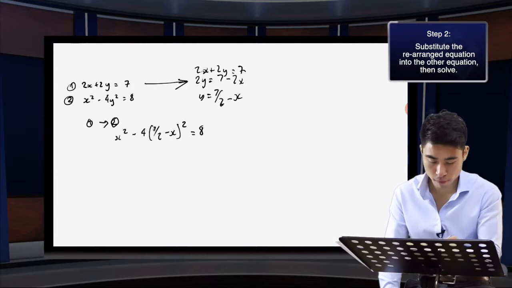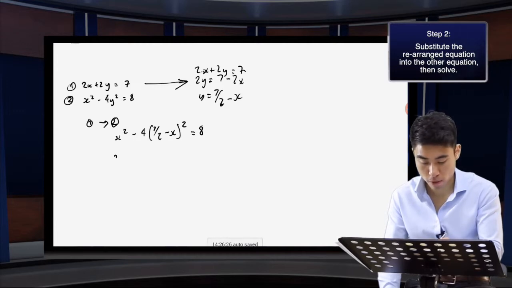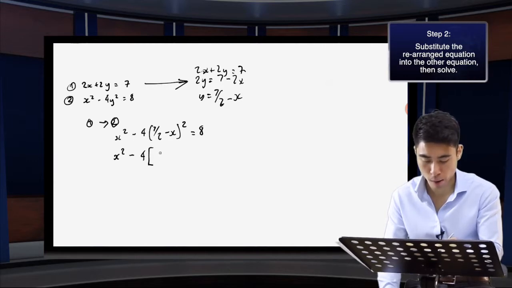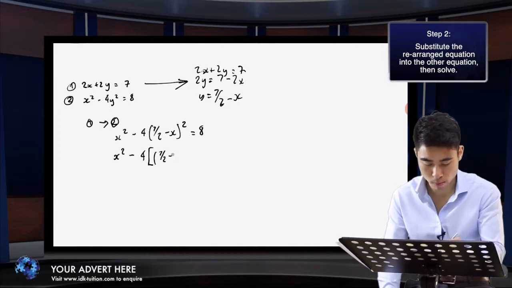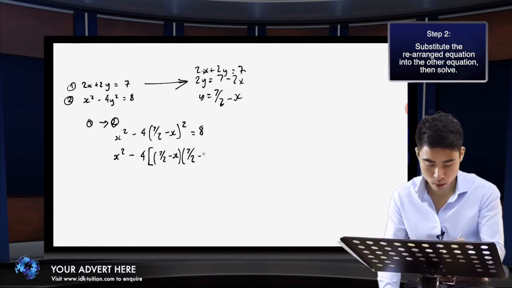So you notice I have this thing squared multiplied by 4. I need to expand those brackets to begin with, dealing with the squared term first. So what I'm going to do, write this out in full. So something squared means that thing multiplied by itself. So I've got 7 over 2 minus x multiplied by itself. So I need another 7 over 2 minus x in there, equal to 8.